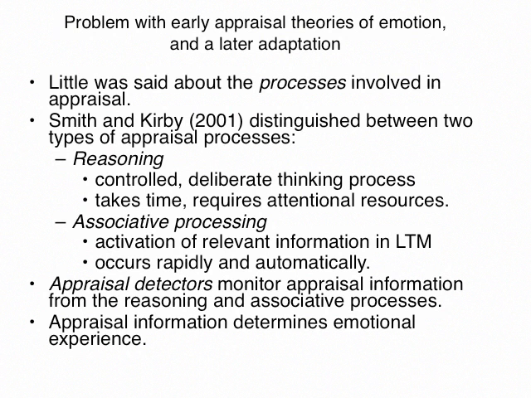So these later theories, for example, Smith and Kirby, 2001, started to distinguish between two different types of appraisal processes. A more reasoned process, what they called reasoning, versus a more automatic process, which they call associative processing. You can see this harks back to Kahneman's System 1 and System 2, right? So System 1 would be the associative processing, and System 2 would be the reasoning.